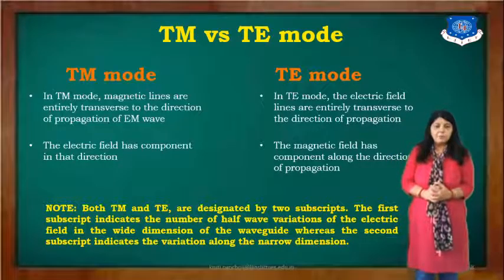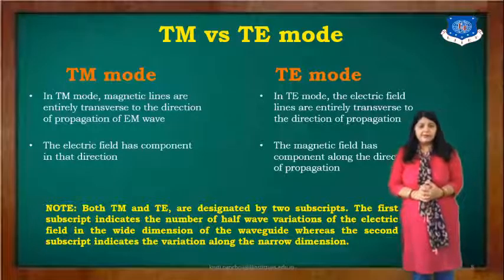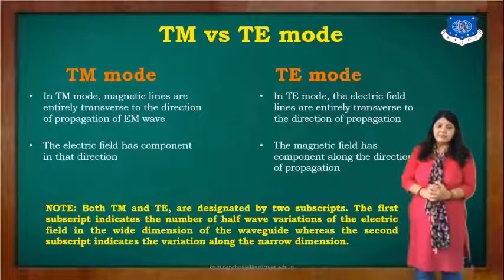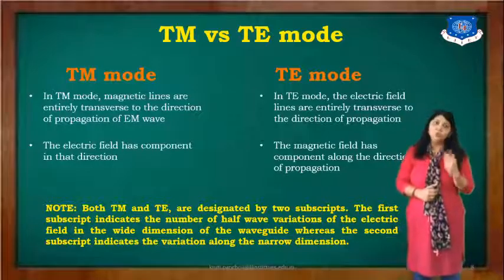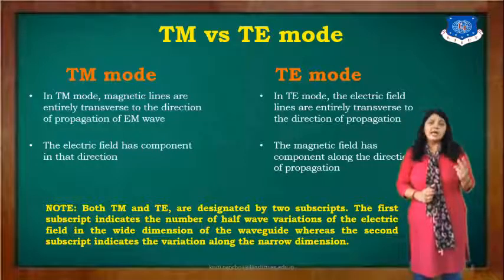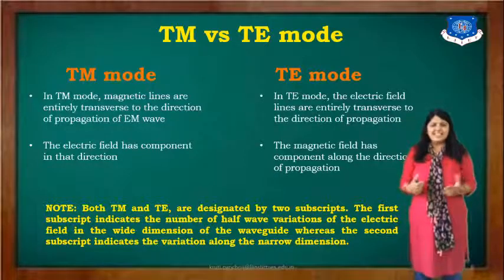So here we can keep in mind that TE and TM are designated with two subscripts, M and N. What is that?